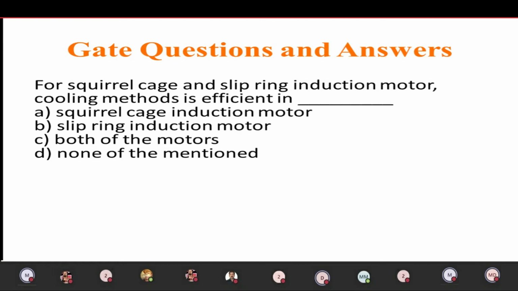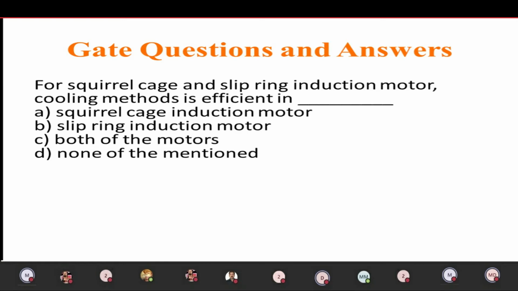For example, if the heat increases, ultimately the physical properties, the structure of the moving components and the components present in the machine are altered. This is the first point. Second, we are providing insulation. Insulation is a barrier between the conductor and the earth part. That is also sensitive to temperature.